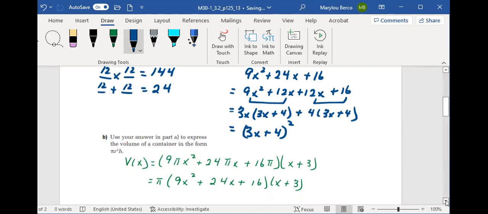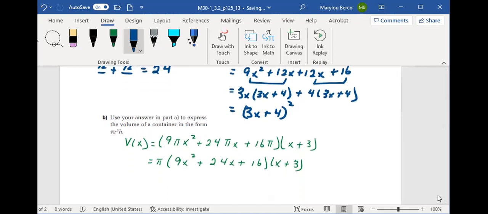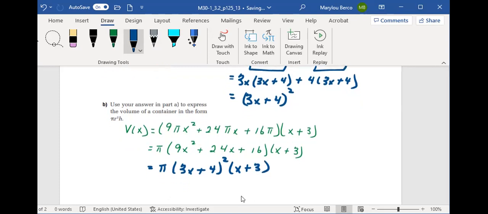So V of x equals pi by 3x plus 4 squared by x plus 3. So V is equal to pi r squared h.